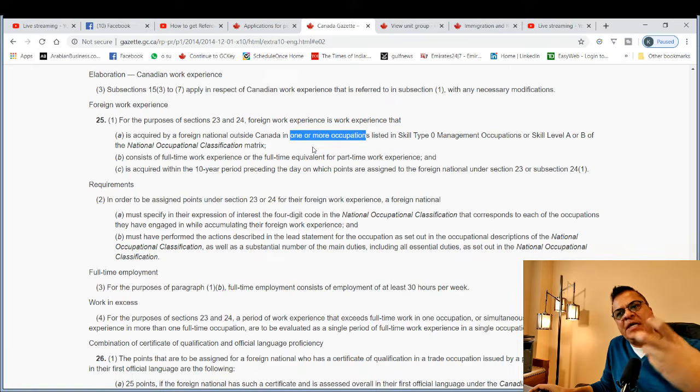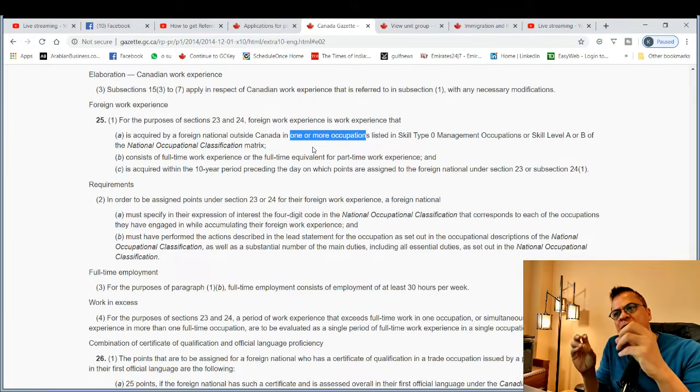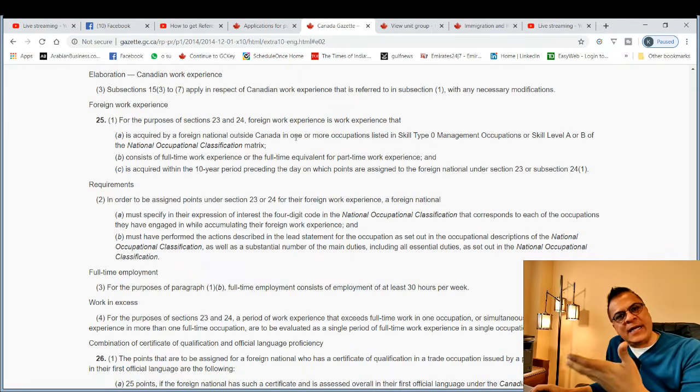Now that we're talking about CRS scores, this is where you can combine your periods of work and claim points for multiple occupations or multiple NOCs. So you can claim points for one or more occupations listed in skill type 0, A, B or C in the NOC matrix. So that's the first part.